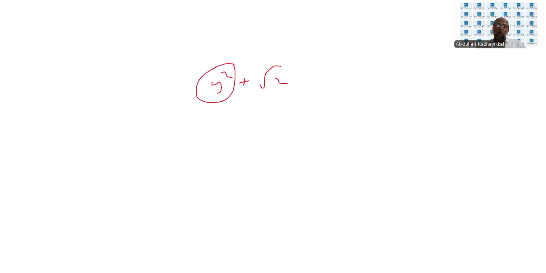Root 3 plus x is a polynomial. Or x to the power of 5, that is a polynomial, no problem. Or m cube plus root 5, that is a polynomial.